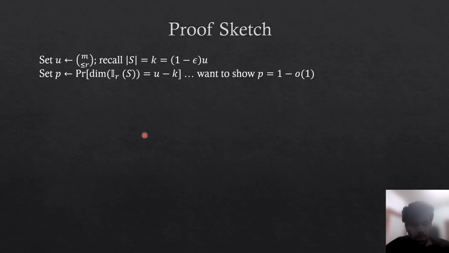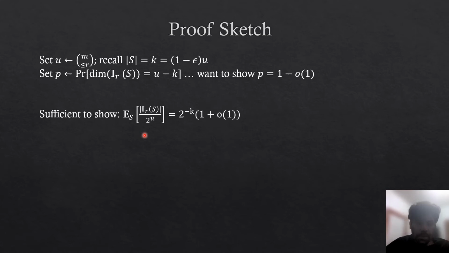And what we will instead show is that if you look at the expected fractional size of IRS in the ambient space of all degree r polynomials, which are of size 2 power u, then this is very close to 2 power minus k times 1 plus little o(1). Well, why this 2 power minus k?